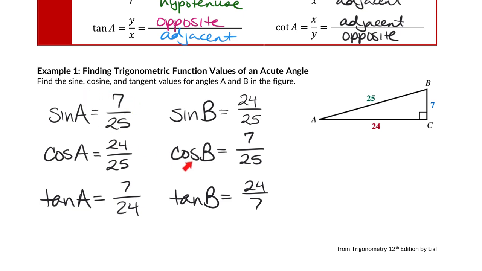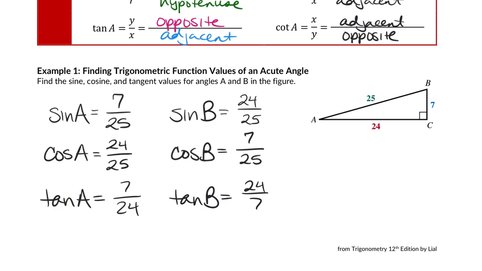Do you notice anything in particular about these numbers, these ratios, for angle A and angle B? They're like swapped, right? The sine of angle A becomes the cosine of angle B, and the sine of angle B becomes the cosine of angle A. What do you notice about the difference here? They're like flipped.